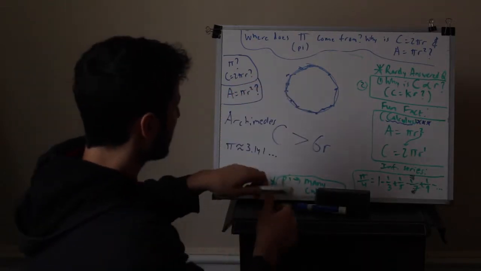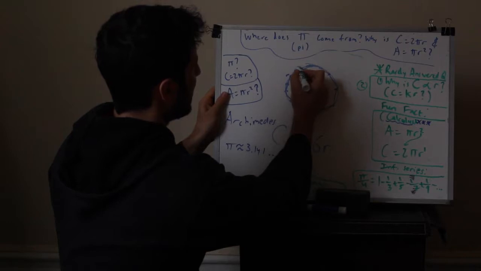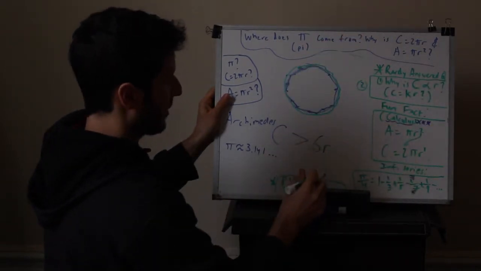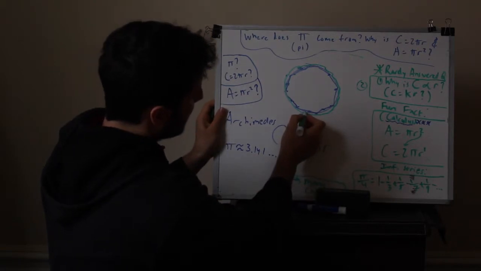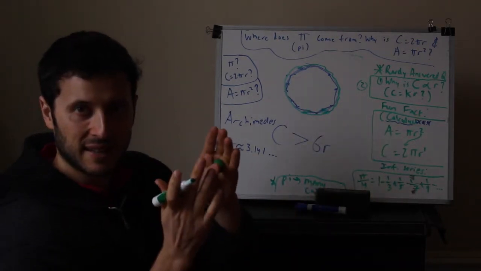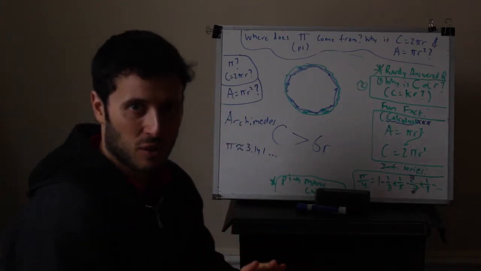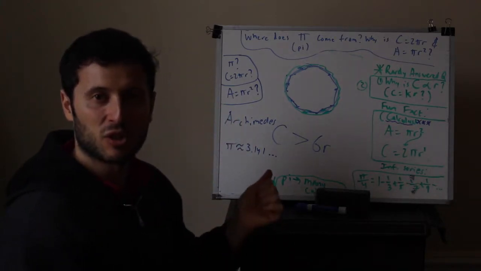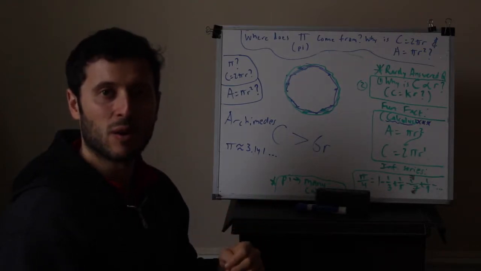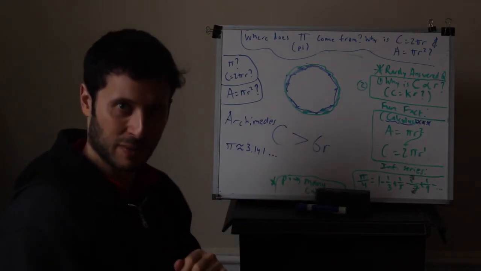And as we increase the sides, so let's say this is on the inside, the outside is a terrible diagram. The point is, these little errors between the inside and the outside are going to shrink. So, in fact, you can think of a circle as an infinitely sided polygon.